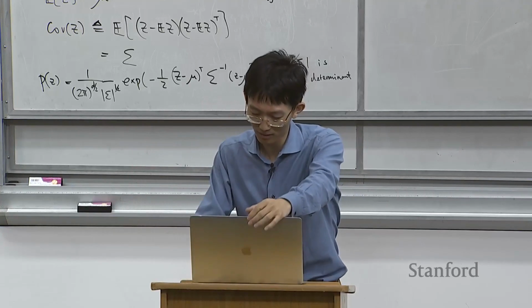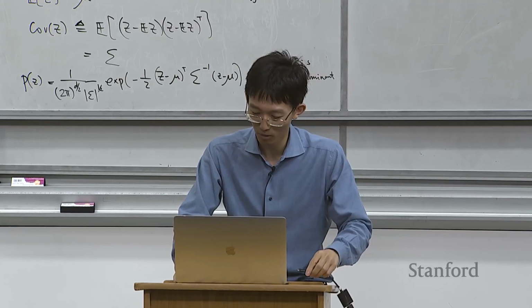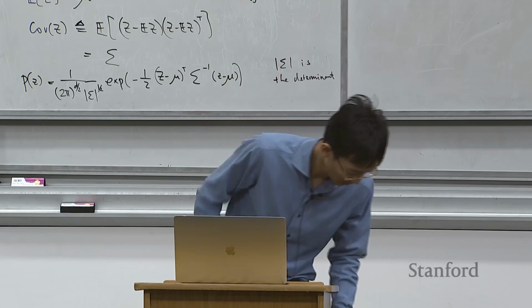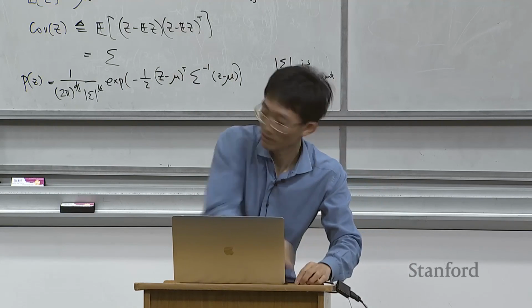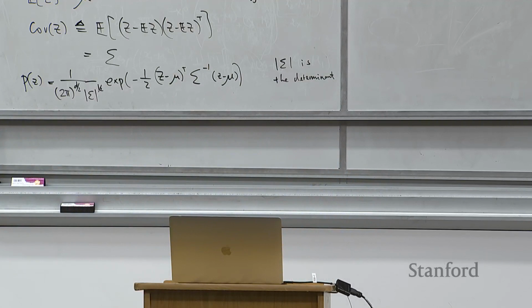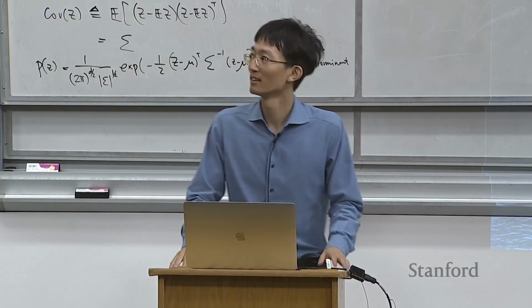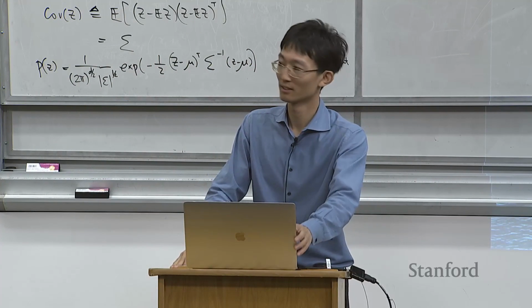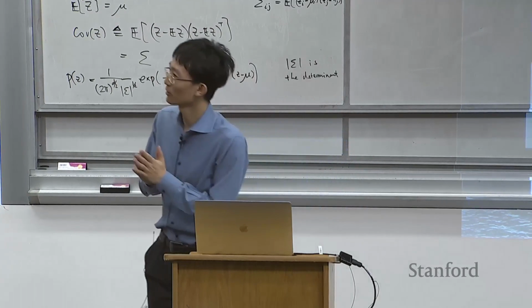So let me show you some other pictures to get a little bit more sense of the covariance. Let me see, how do I connect to this? Maybe, do they know this? How do I signal anything to them?